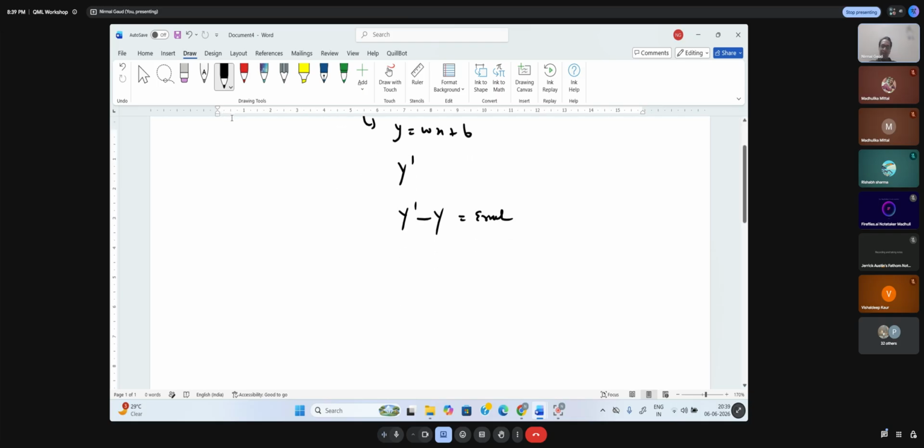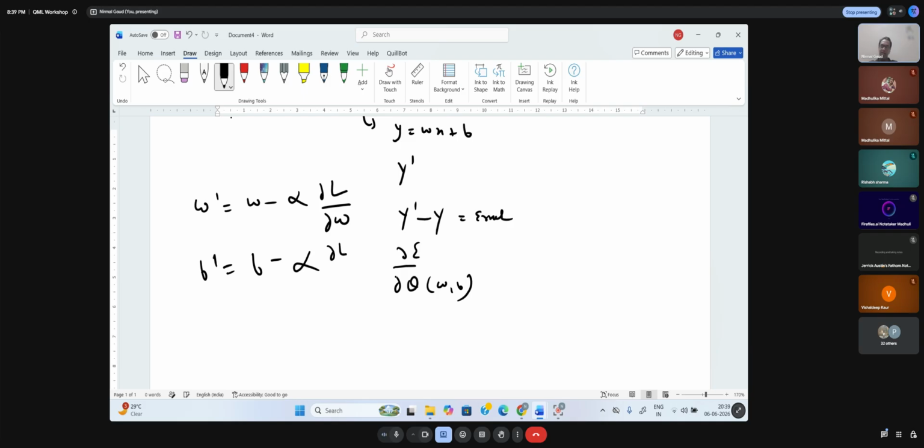Then you optimize the error, del error by del theta. Theta is the parameter; it can be the weight w or the bias. You write the update equation as w equals w dash minus alpha del L by del w. Similarly, for bias, you write bias minus alpha del L by del bias. That is what you write.